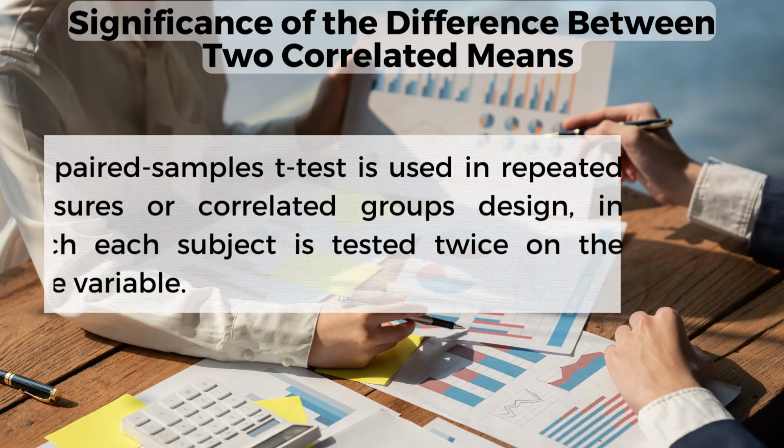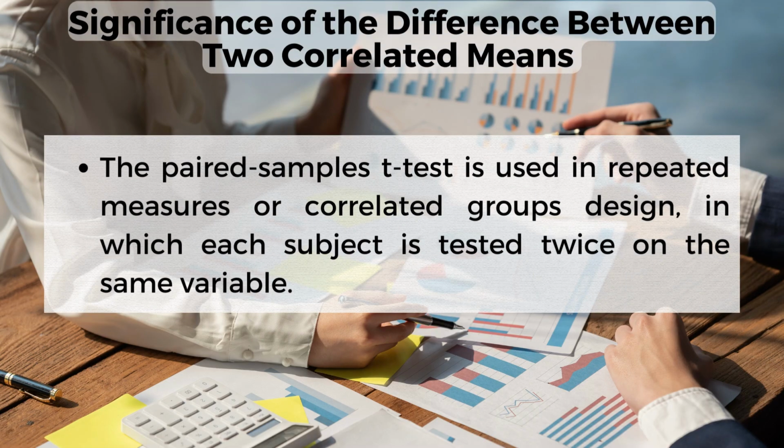Actually, correlated means refers to how the data of the two samples are related. A paired sample t-test is used in the repeated measures or correlated group design, in which each subject is tested twice on the same variable.